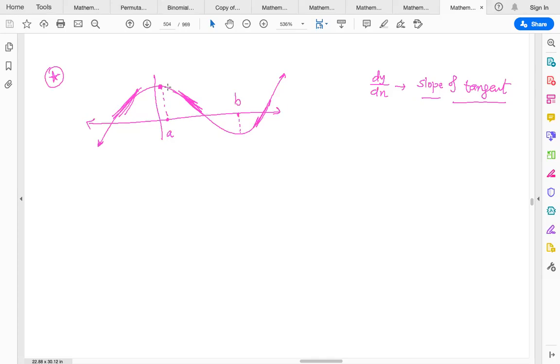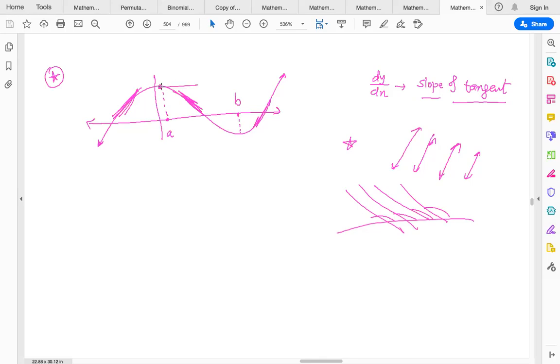Just to brief you about when the slope is positive: any line that makes an acute angle with the positive direction of the x-axis has a positive slope, while if it makes an obtuse angle with the positive direction of the x-axis, it is a negative slope.